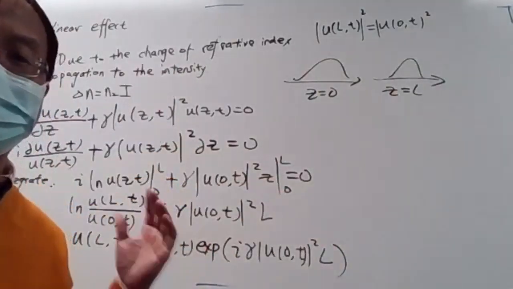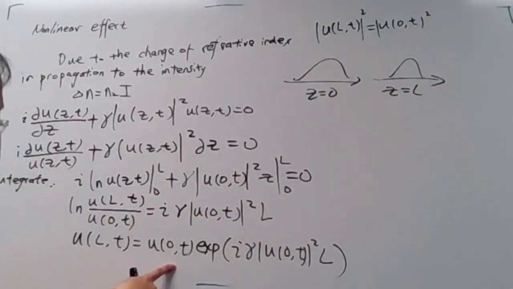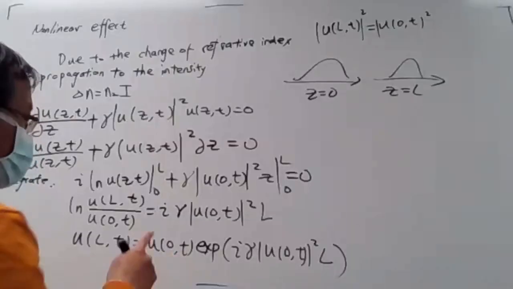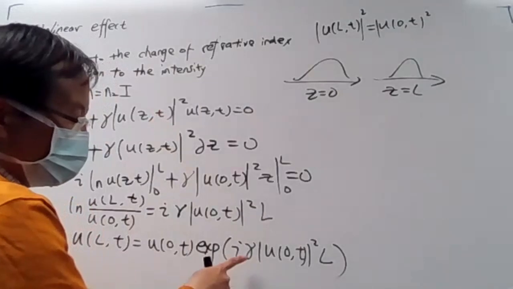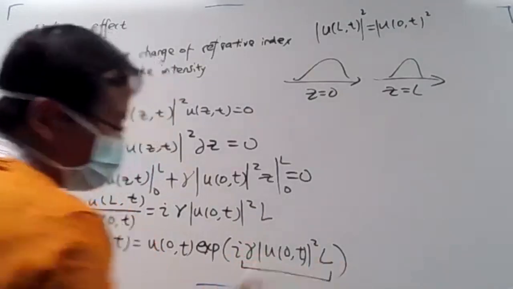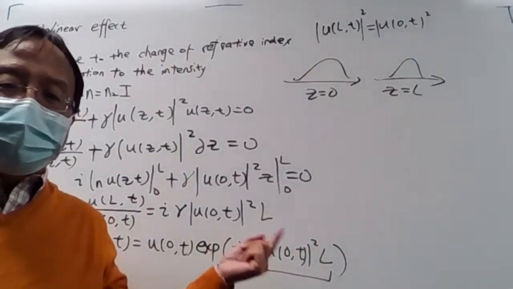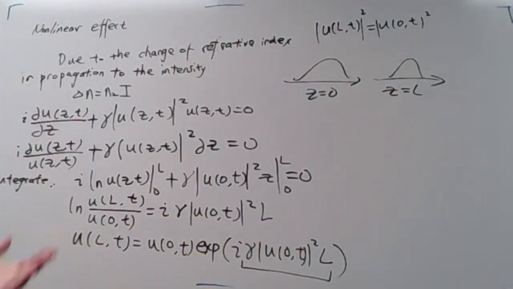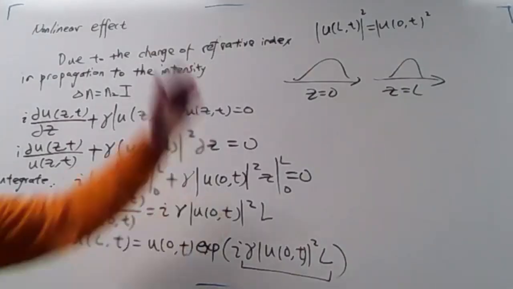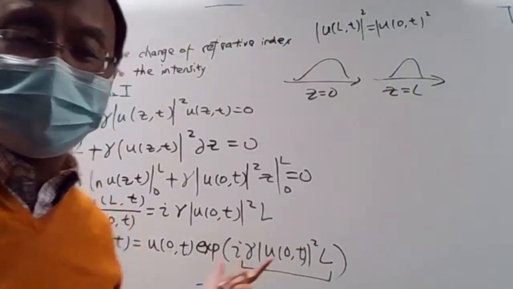The amplitude is the same, but the phase is different. What is the phase difference? It is given by this piece, our theta. If we propagate long, there will be a big difference in phase, but if L is small, there's a small difference.